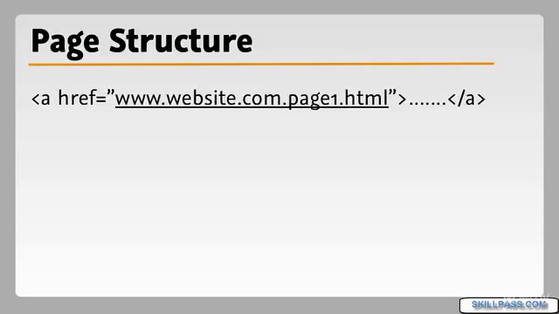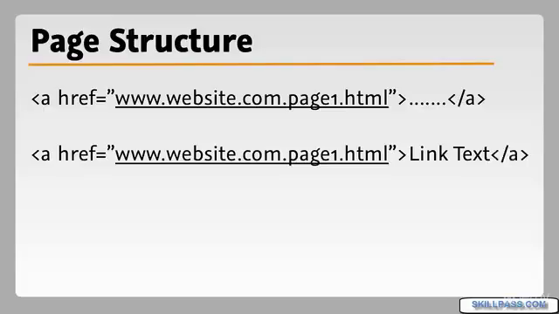The next thing you need to know is a link. This is how you code a link. A href means reference. When you click on this link, it goes to this page. Now, the dots there are where you can put what we call anchor text. The text that you put in between those two brackets will show up as the underlined text.